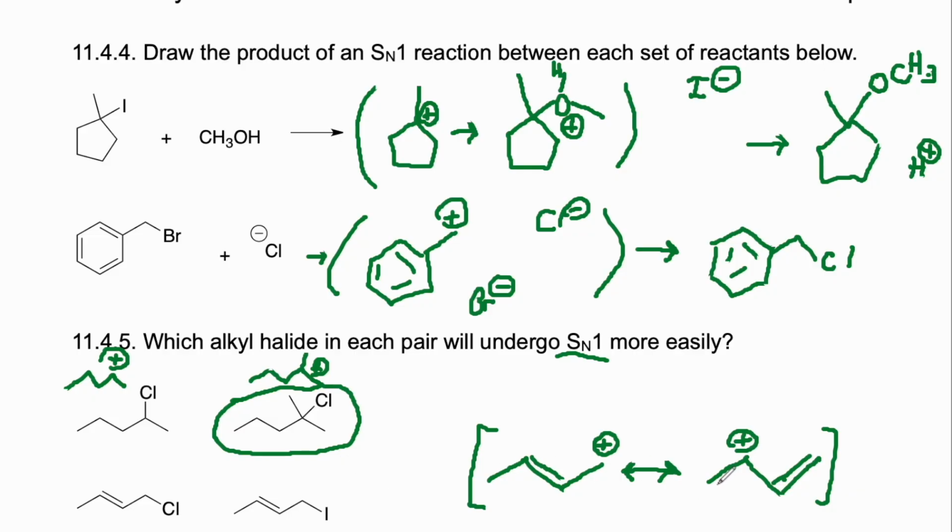So we have this as the carbon piece no matter which halogen leaves. So that's not the difference in the pair. The pair is different based on iodide leaving versus chloride leaving, and so since iodide is happier with that negative charge, it's a better leaving group. It's a weaker base than chloride is, and so that would leave more easily and form this cation. So that would be a better SN1 candidate.